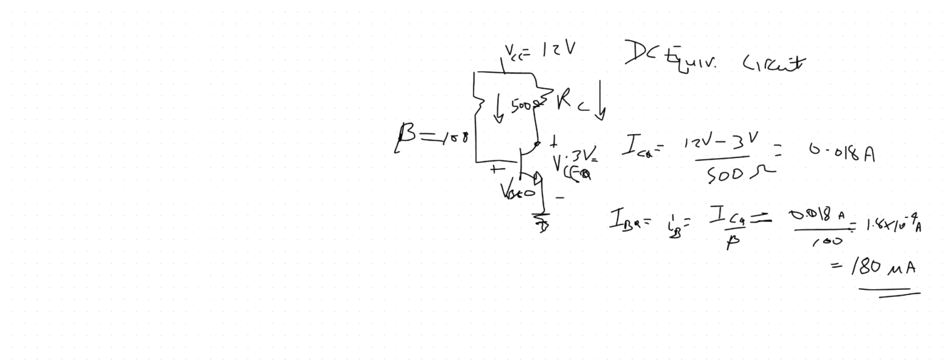We had the equation IC equals beta IB, so we solve for IB since we have IC. Exactly. Makes sense.